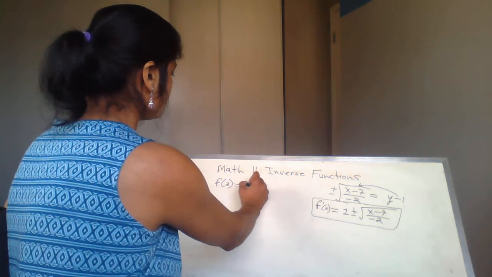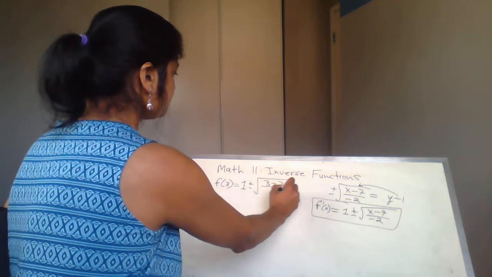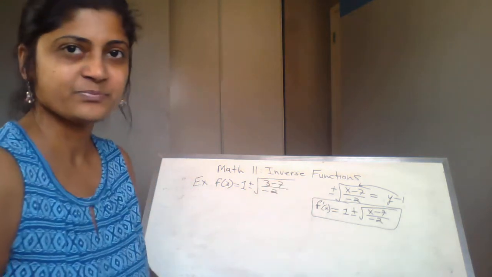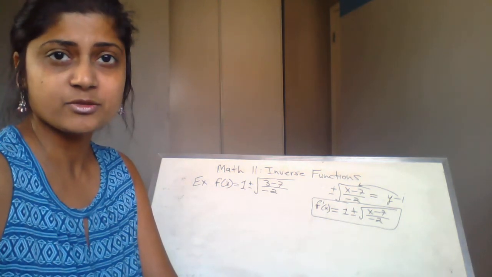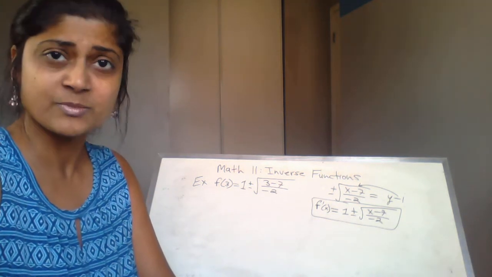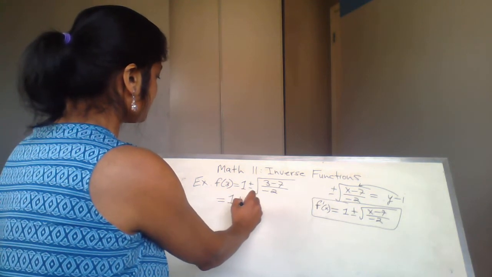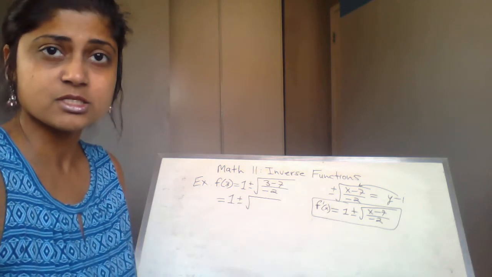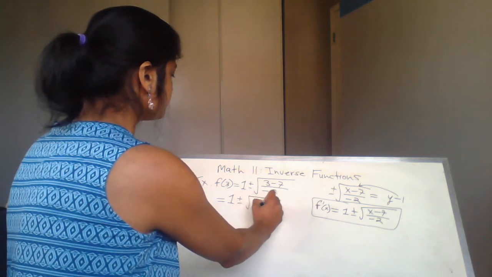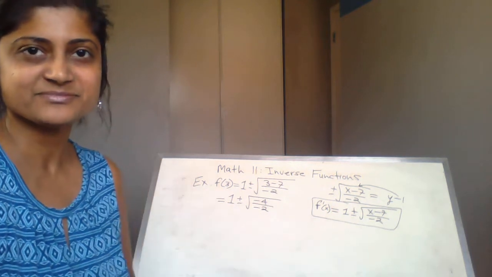It's 1 plus or minus square root of (3 minus 7) over negative 2. And all I did was plug in the 3 instead of the x into my equation. Let's try solving this out. So it's 1 plus or minus. You're going to do 3 minus 7 on the top, which is negative 4, divided by negative 2. Does everyone see that?